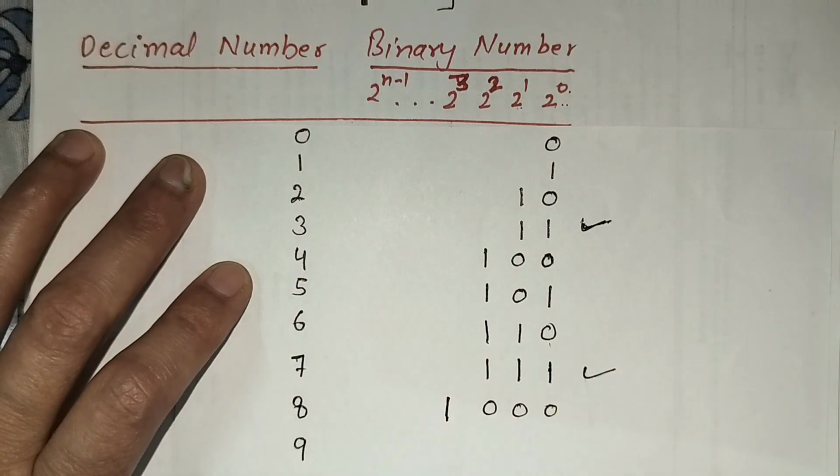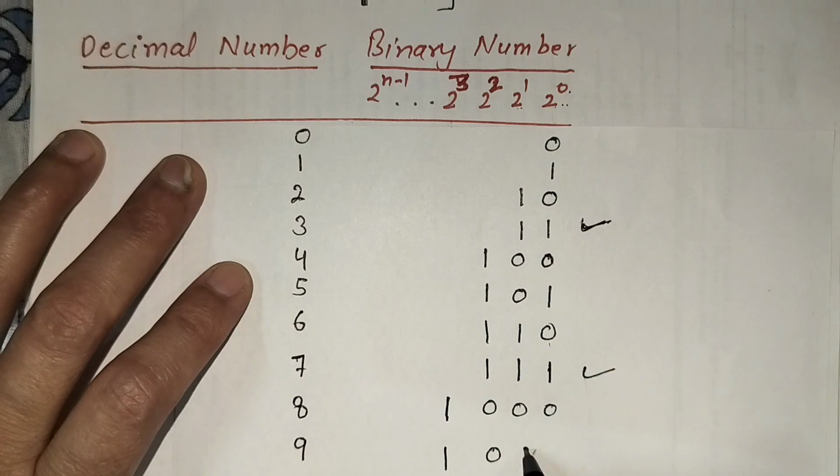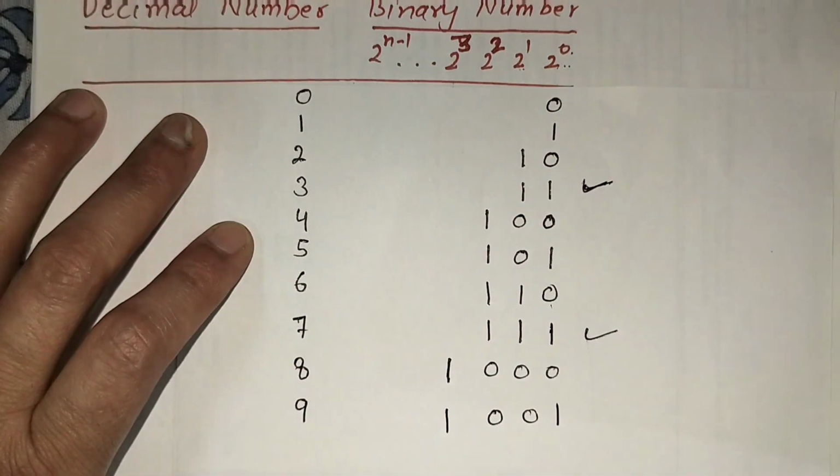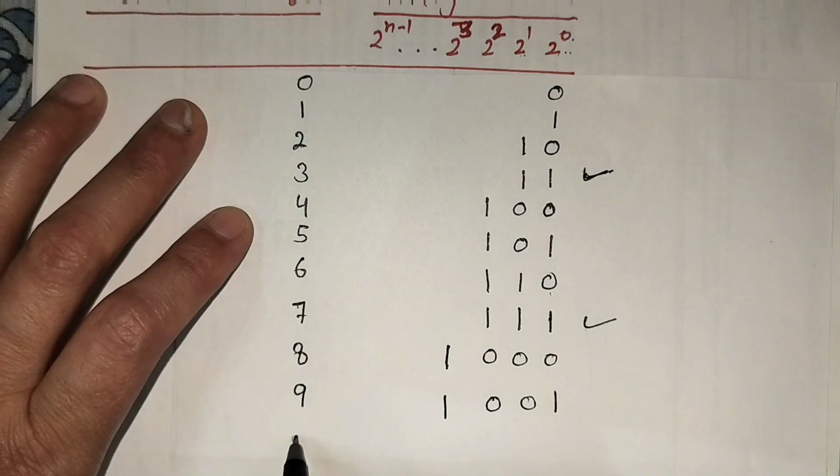To write 9, we will put 1 here and this will be the same and this will be 1. Now to write the next number, 10, 1 will be here and this will alternate. Now we will have to alternate this 1 and this will remain the same.